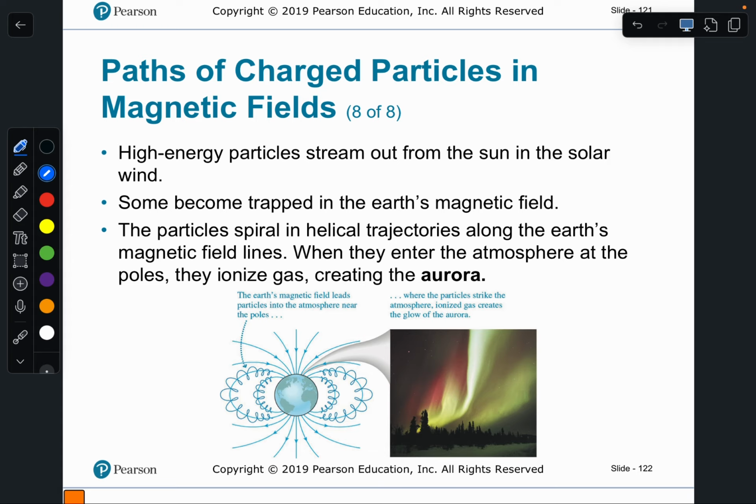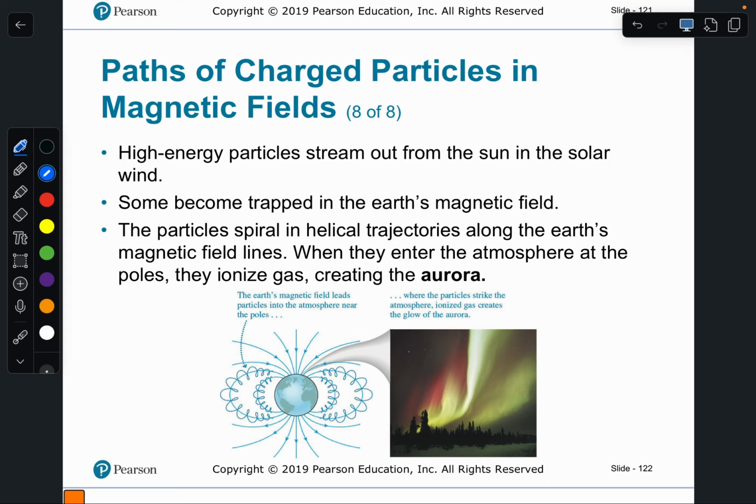Well, those charged particles are going to get trapped in the magnetic field of Earth, right? That's actually the purpose of Earth's magnetic field. It protects us from these charged particles. If we were out in outer space and we didn't have our spacesuit, we would get cancer really fast because of these highly charged particles hitting us.